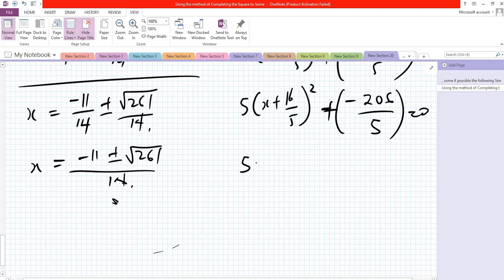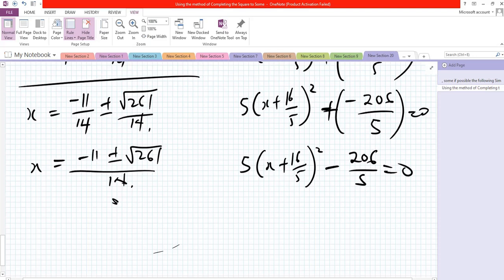So this will give us 5 bracket open x plus 16 over 5 all squared minus 206 all over 5 equal to 0, because plus times minus will give you minus.